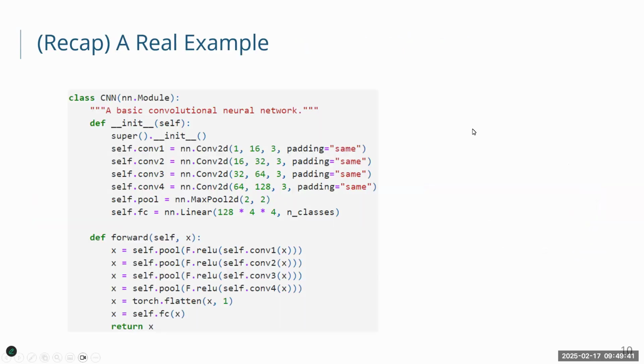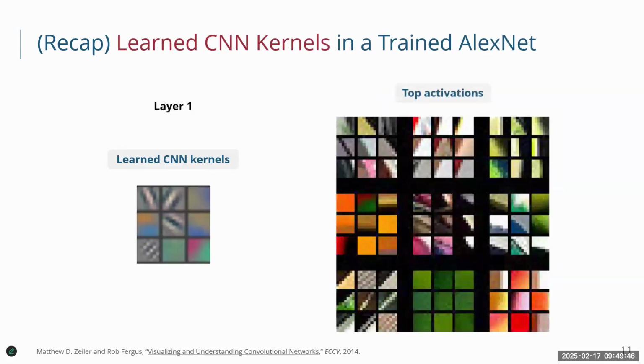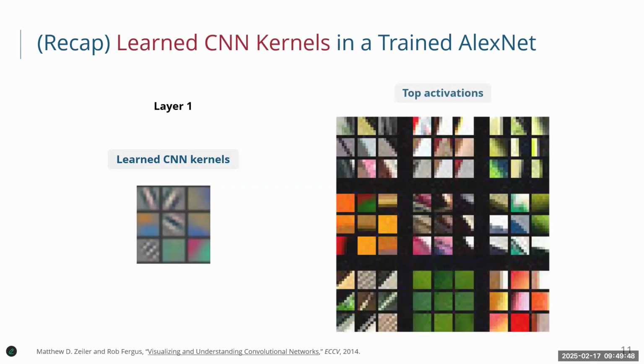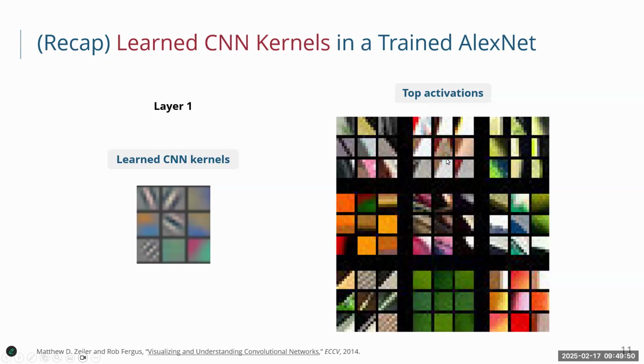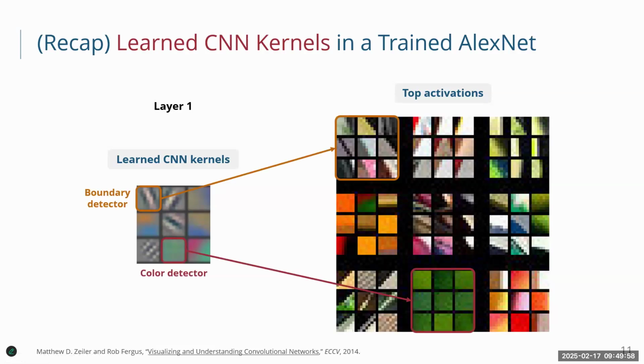For example, we just go through this. And we look at the learned CNN kernels and the top activations. So these are some of the CNN kernels. So you can look at it. You see that boundary detector, you see color detector, sort of detecting different stuff in your images.